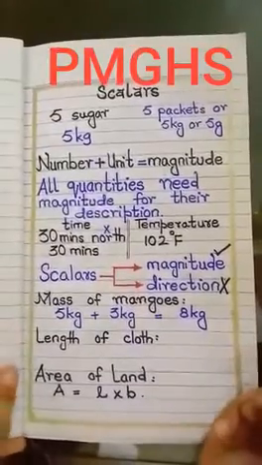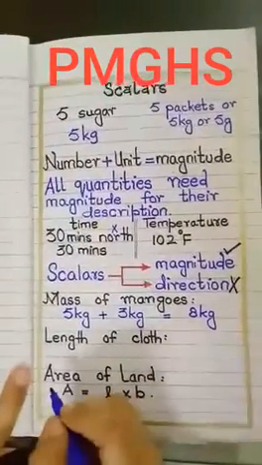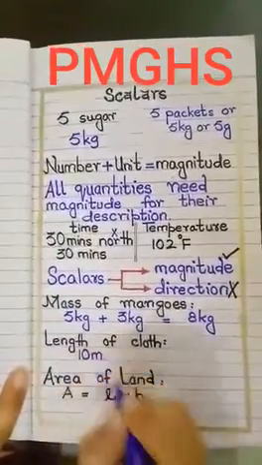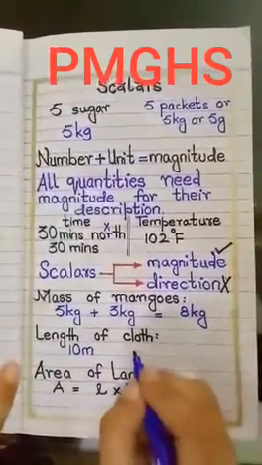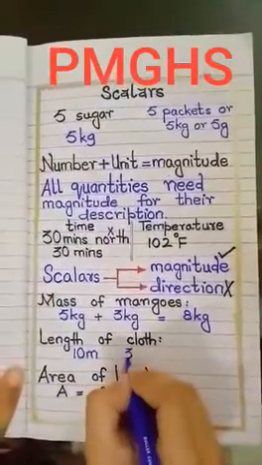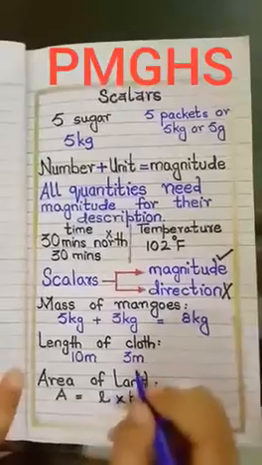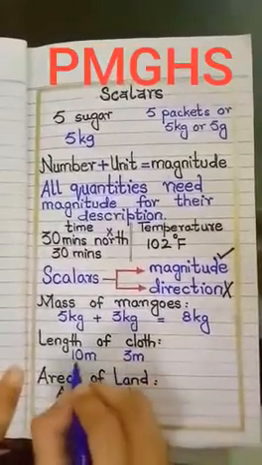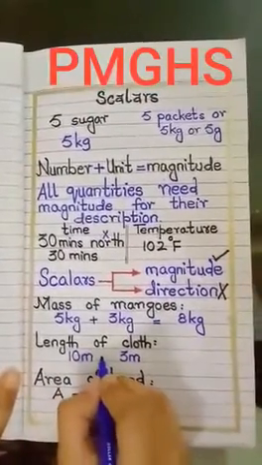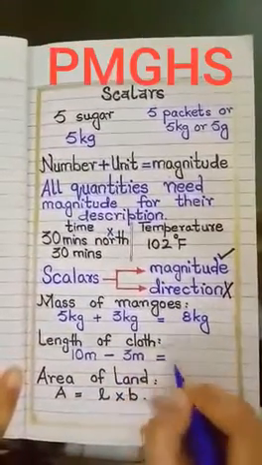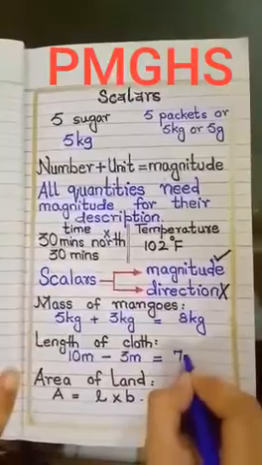For example, I have 10 meter of cloth and my sister needs 3 meter of cloth for her shirt. I gave her 3 meter out of 10 meter of cloth. How much cloth is left with me? It is 7 meter.